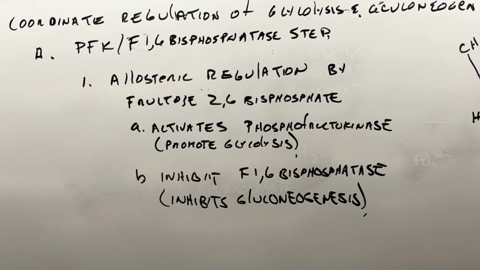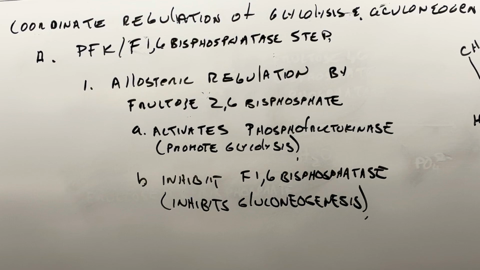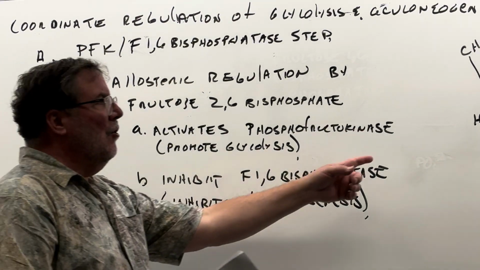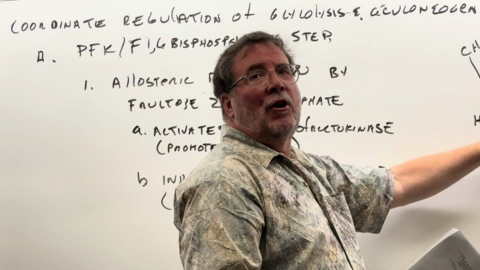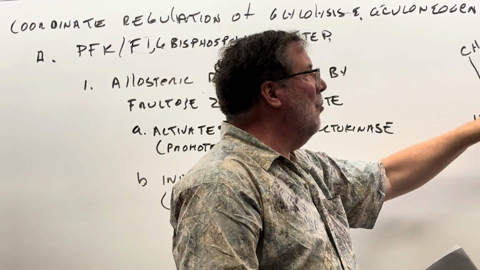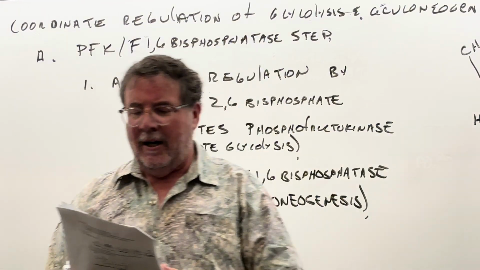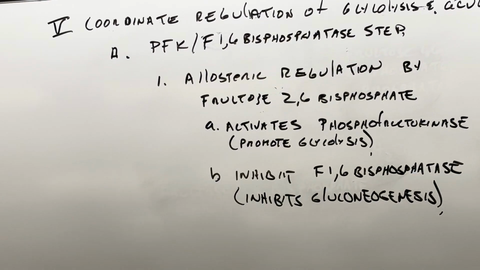Okay. So, but we kind of kick the can down the road a little bit and say, oh, well, there's this molecule that basically will turn one on and shut the other one off, right? Then the question is, well, what regulates how much of this molecule is around, all right? And so there is another enzyme that is known as phosphofructokinase 2.